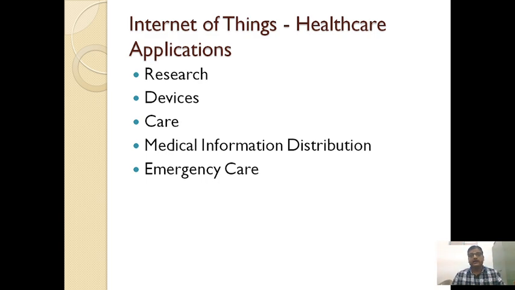Okay, next one is healthcare practice. Perhaps the greatest improvement IoT brings to healthcare is in the actual practice of medicine, because it empowers healthcare professionals to better use their training and knowledge to solve problems.